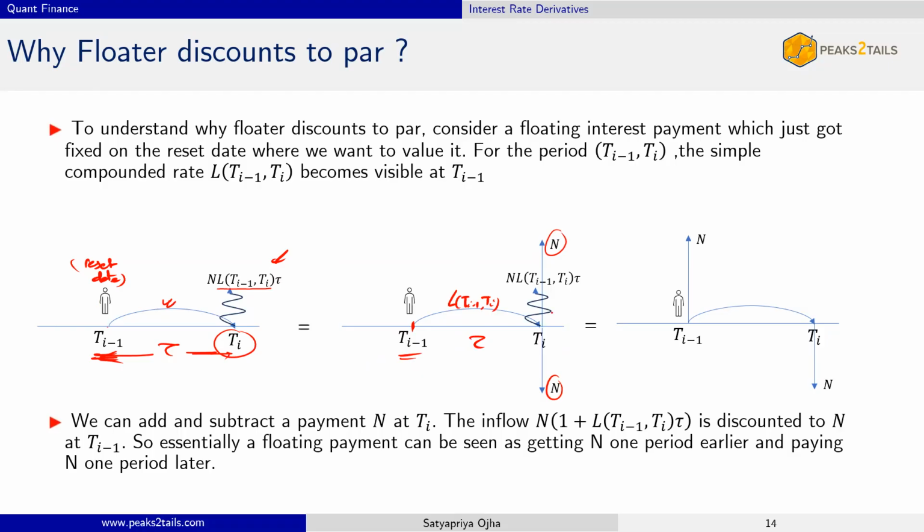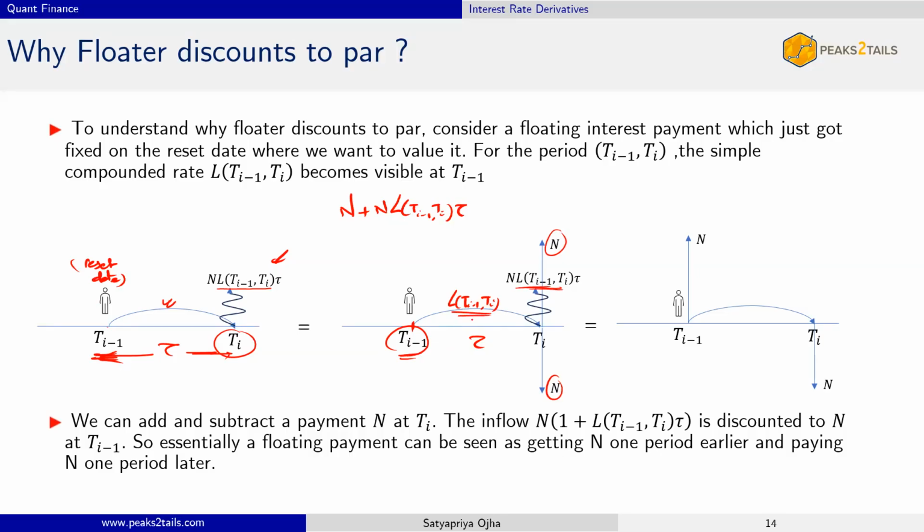The spot rate for time to maturity tau standing on this date is L(T_{i-1}, T_i), and the same one goes in the coupon payment. Now look at the inflow. The inflow is N plus N times L(T_{i-1}, T_i) times tau. This is my inflow.